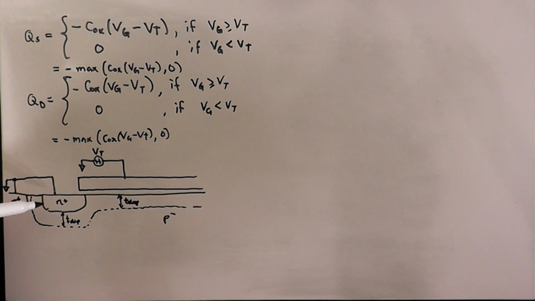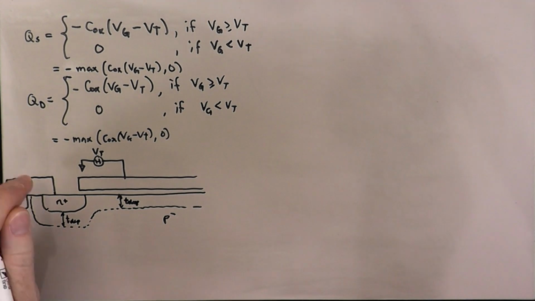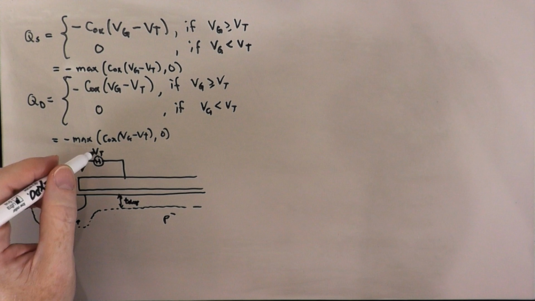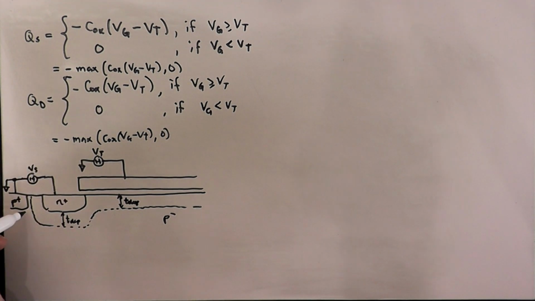So I want to think about what happens if we were to raise the voltage on the source, right? So let's suppose we put some non-zero source voltage here. What would happen? Well, if we don't change this, what's going to happen?